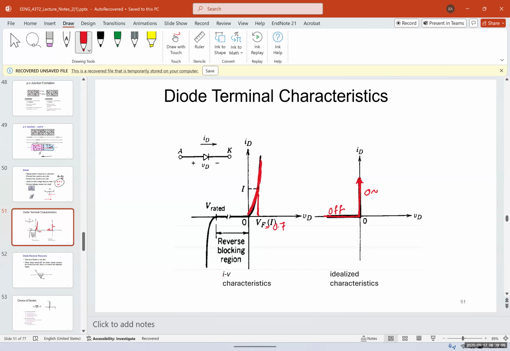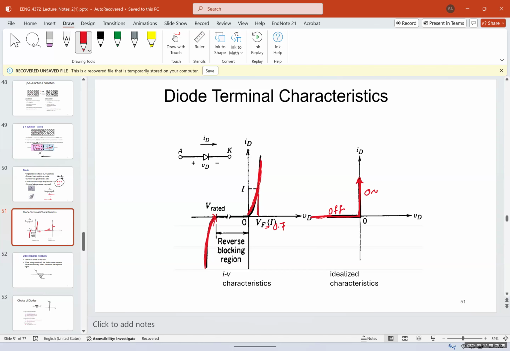For an ideal diode, even if the reverse voltage is thousands of volts, it will still block the current flow. But in a real diode, we have a breaking point. After a certain point of reverse voltage, depending on the diode, the PN junction collapses.